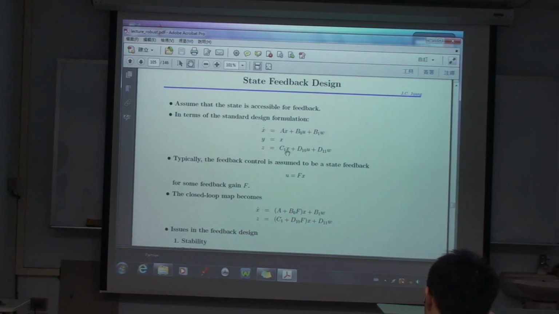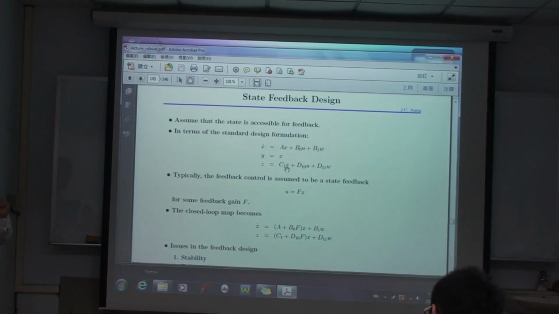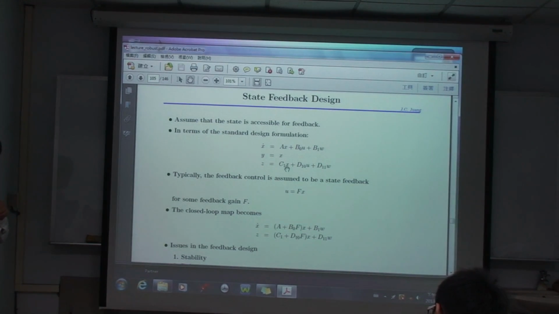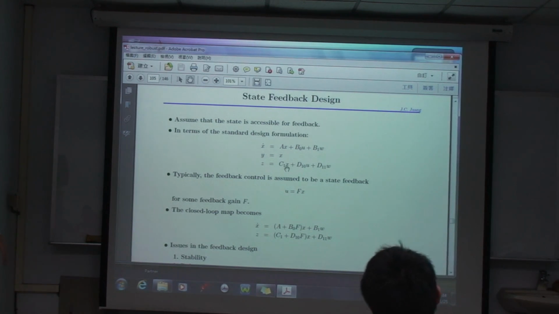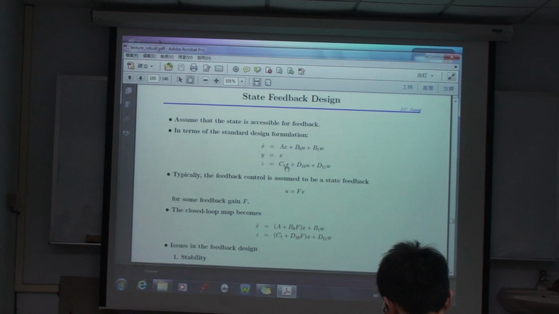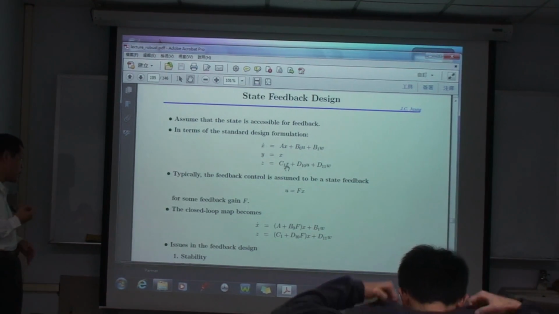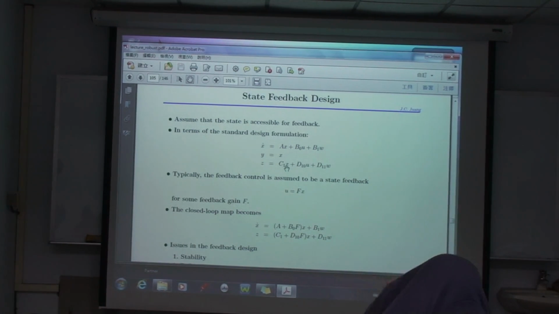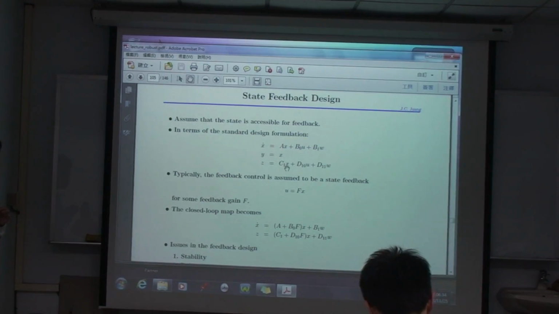This is the kind of performance that we call achievable performance, because later on you will realize that in certain cases state is not available to you. That means you can only measure certain variables, but not all the states of the system. In that case, you will ask another question: how good am I at estimating the state? That's essentially the approach modern control, including optimal and robust control, has been using.